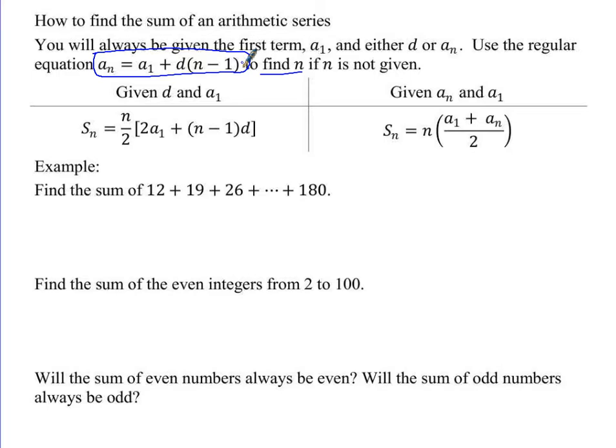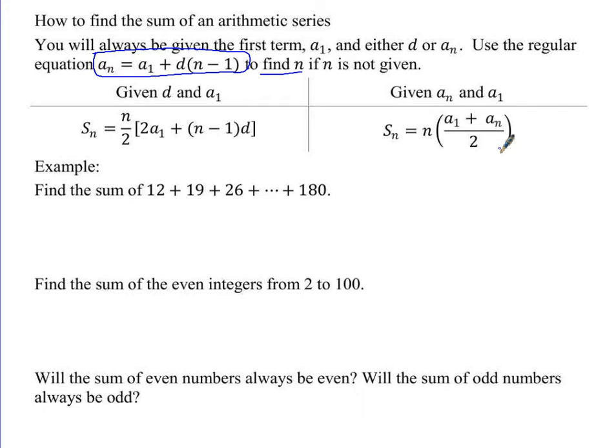If we're given the last term and the first term, then you're going to write s sub however many terms it is that you're adding together equals the number of terms that you're adding together times the first term plus the last term divided by 2. And before I go any farther, you've seen this before. What is that?